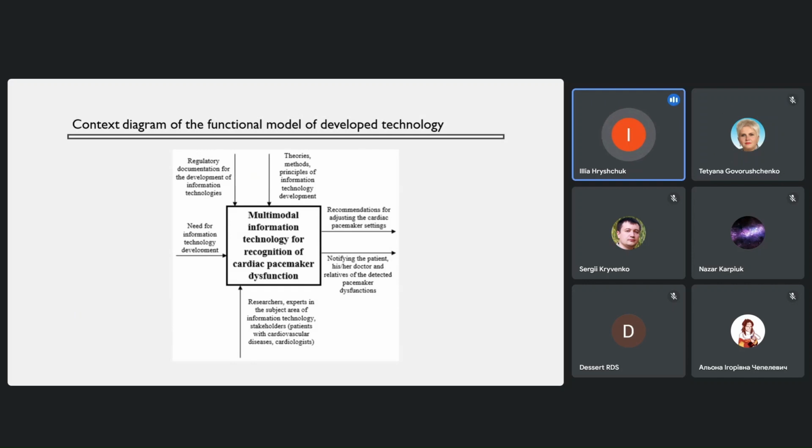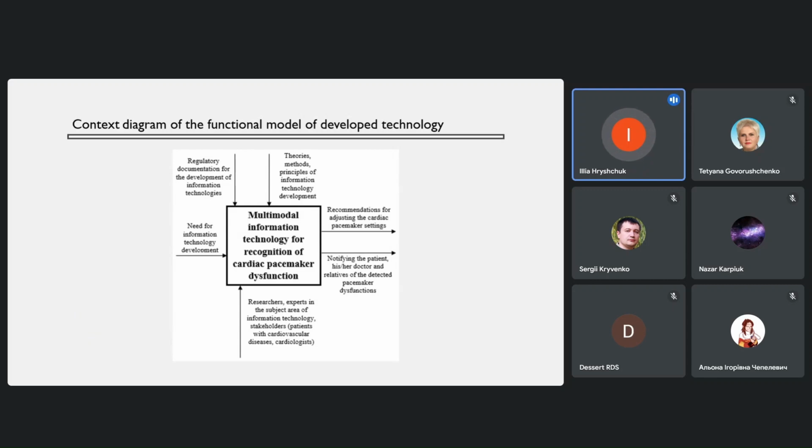In this context diagram, we gathered the principles of how this system should be developed, and it must be based on theories, on methods, on experts, because it should be as reliable as possible, and we have to rely on the experience of experts and of developed technologies.